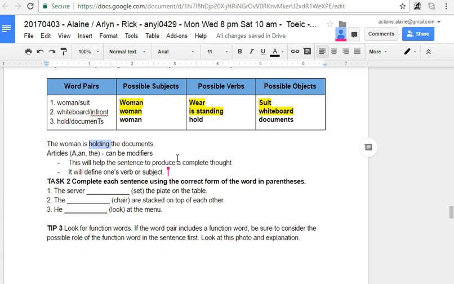Could you give me an example sentence where you do not need to use articles like "the"?